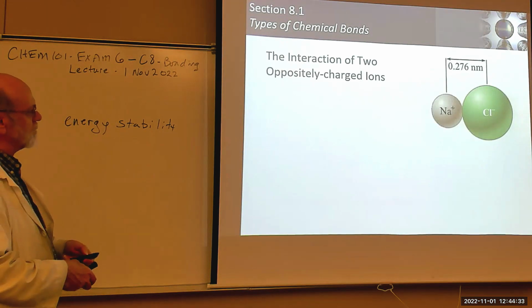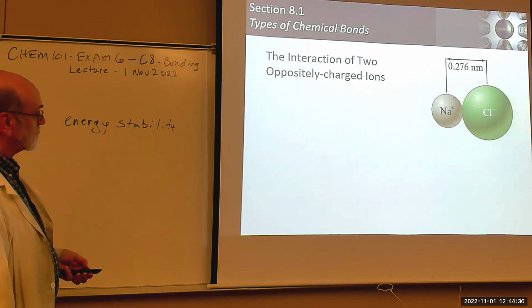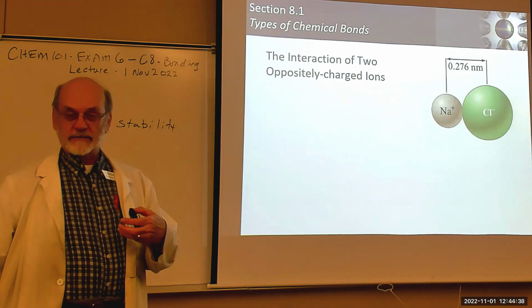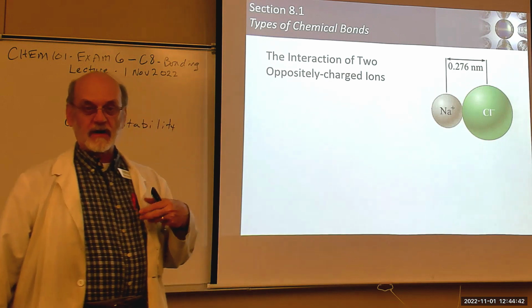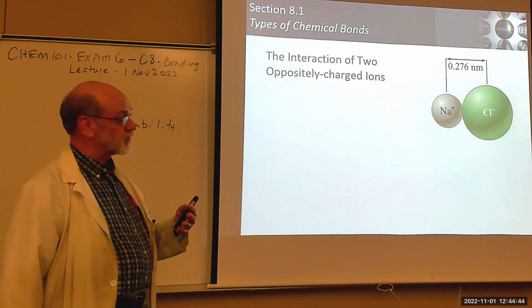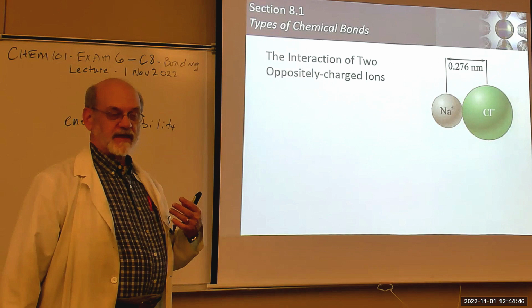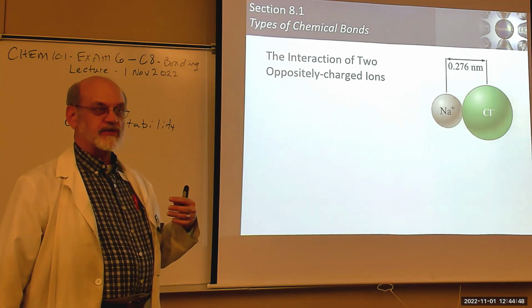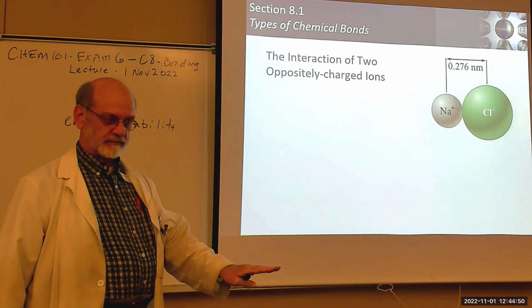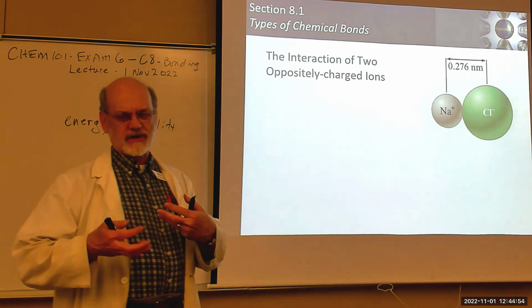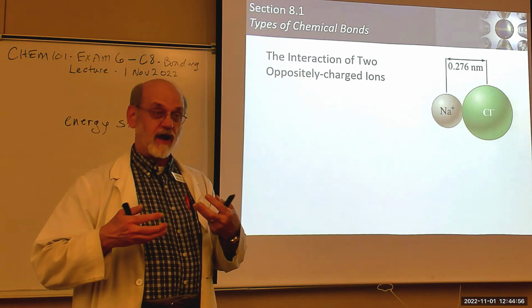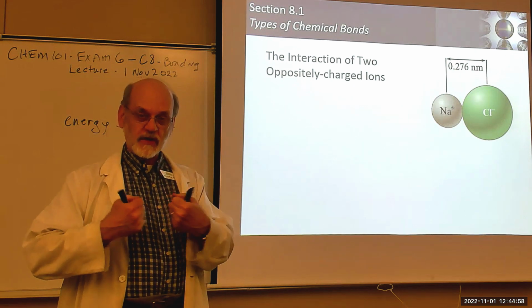All right, so here we have our example for an ionic bond. Sodium ion and chloride ion are close enough to each other that they have reached a minimum energy level. If we try to push them any closer, then the nuclei start interacting, and the nuclei are always positive. So you get that repulsion.